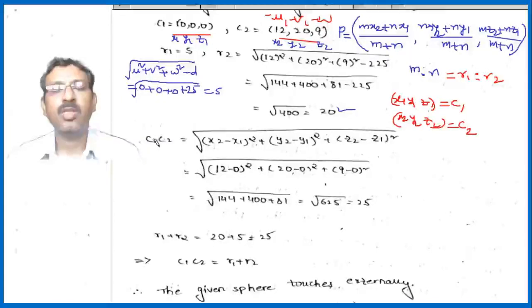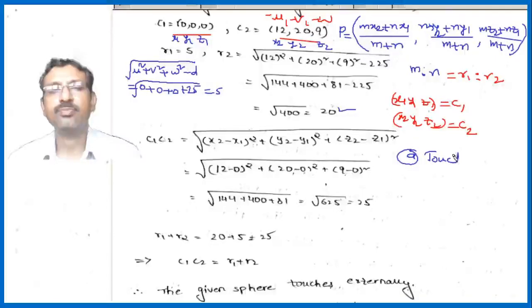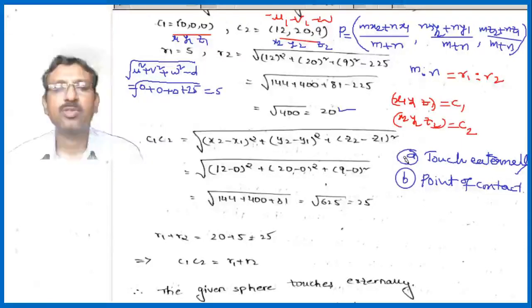In this problem, first we prove that they touch externally, that is the first point. The second one is to find the point of contact P. So here we are in sub question A, proving that they touch externally.